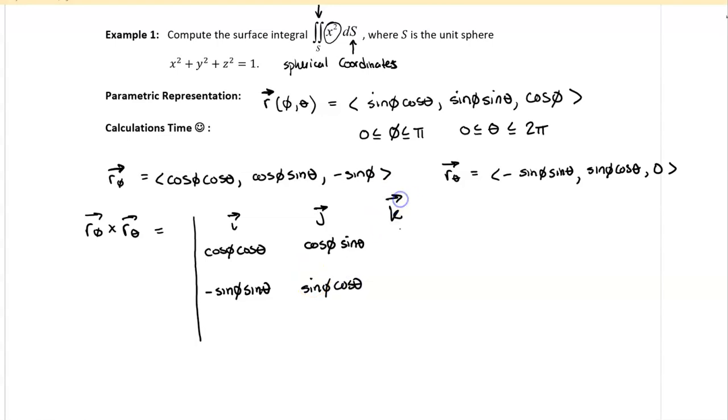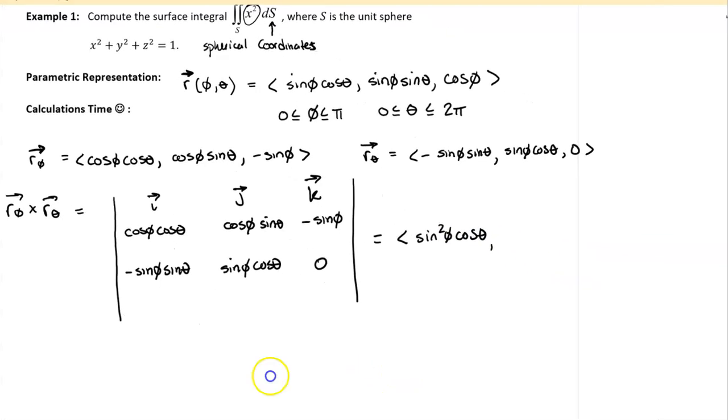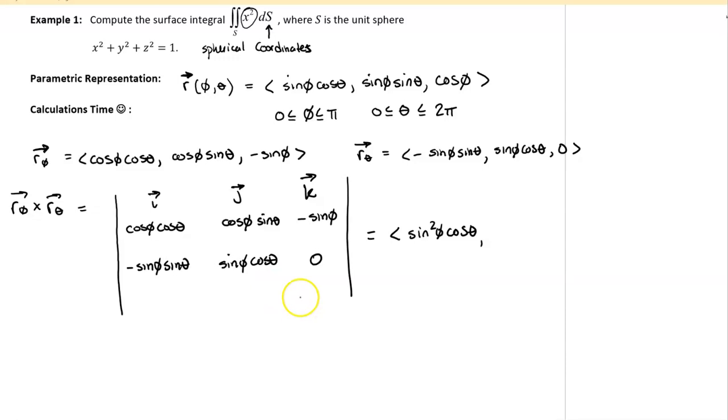And then we have k, negative sine phi and 0. So taking our cross product, our first component is going to be 0 minus negative, so that'll be positive sine squared phi cosine theta. Our second component, again, I'm going to do the diagonals backwards so I don't have to do a negative quantity.